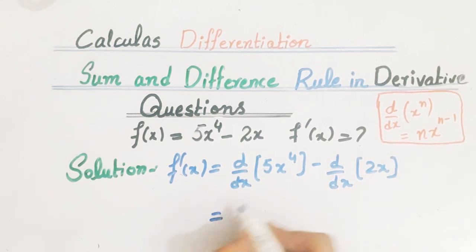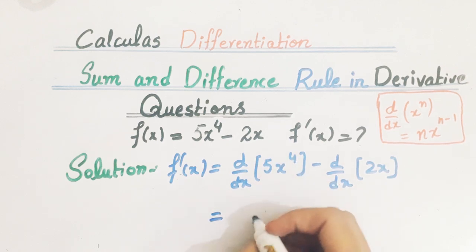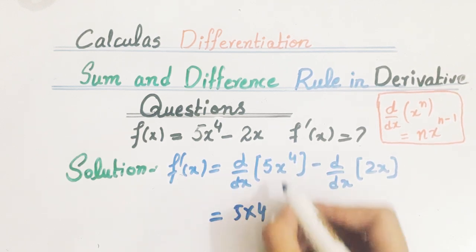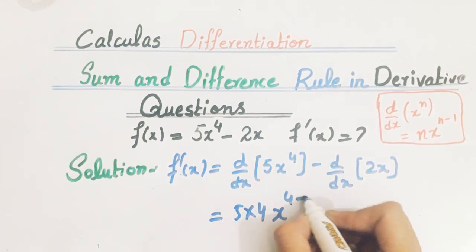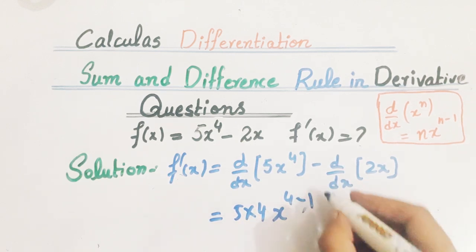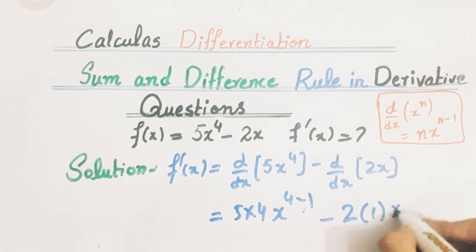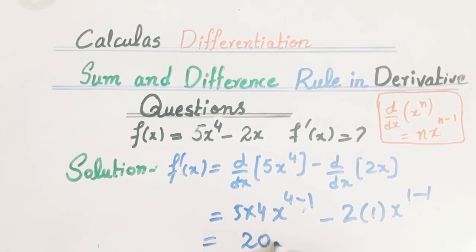So by applying this power rule, power in the start, so 5 multiply 4 and then x raised to power 4 minus 1. Then minus 2 into 1 x raised to power 1 minus 1. So this is 20x cube minus 2. So this will be the answer.